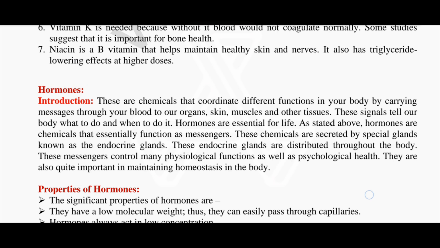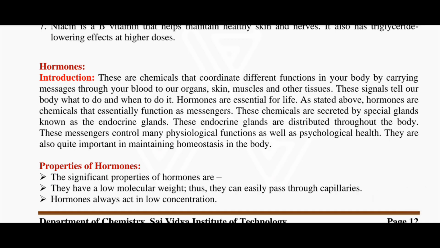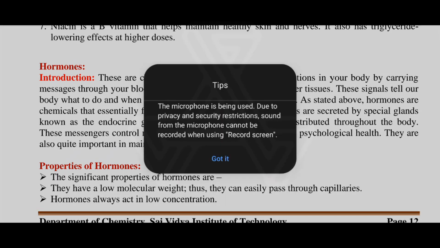These endocrine glands are distributed throughout the body. These messengers control many physiological functions as well as psychological health. They are also quite important in maintaining homeostasis of the body.